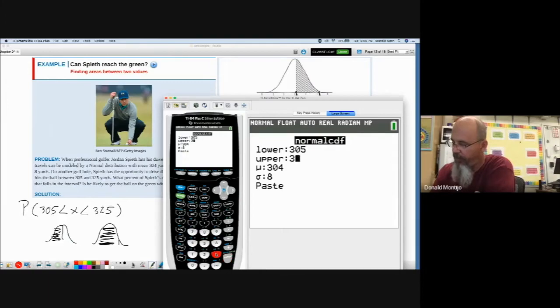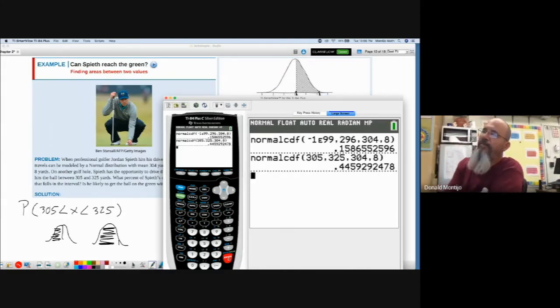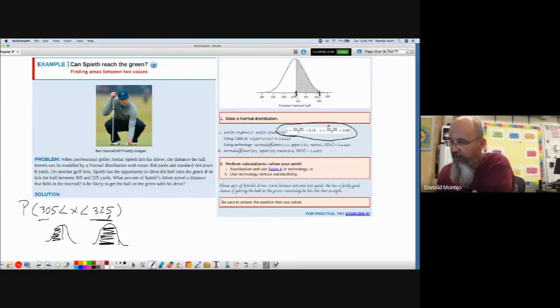My upper bound, 325. My mean is still 304. My standard deviation is still 8. And paste it in and hit enter. So he has a 44.59% chance of hitting the green. That means 44.59% of all his drives would be between the distance of 305 and 325.